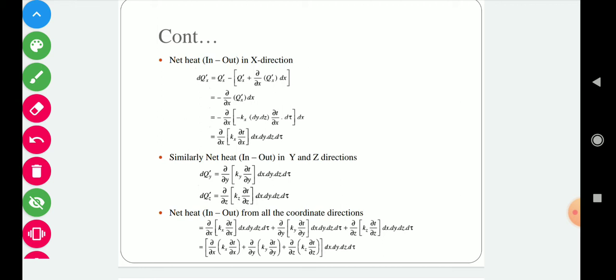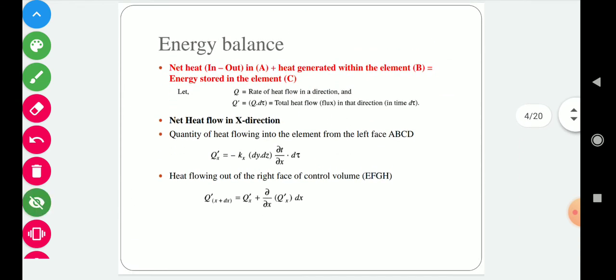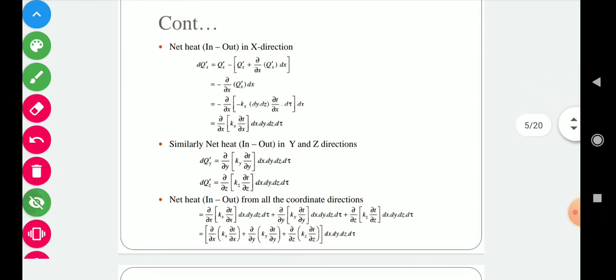So if we replace this q x with the help of Fourier law, that we also wrote in the previous slide, that is this one, using this expression, our equation will become in this form, which again on further rearrangement can be written in this form.